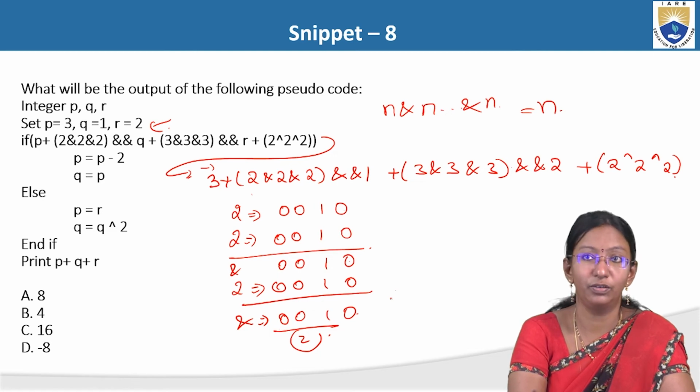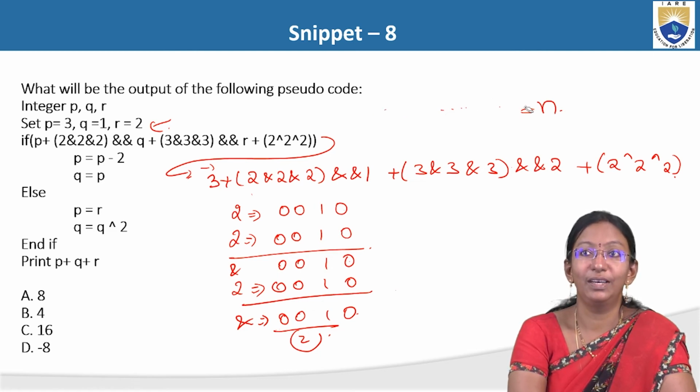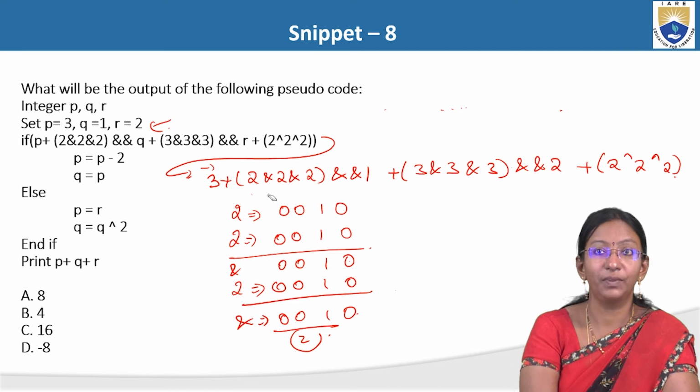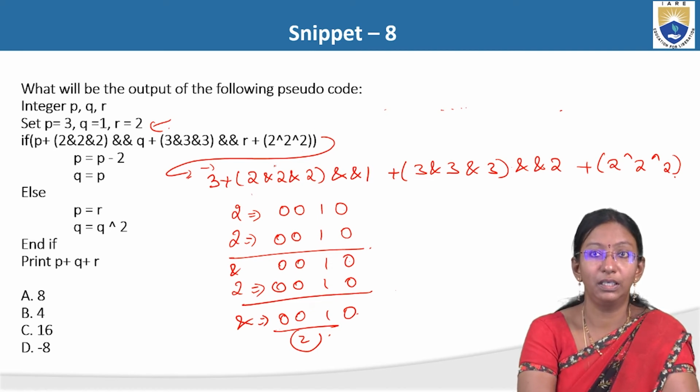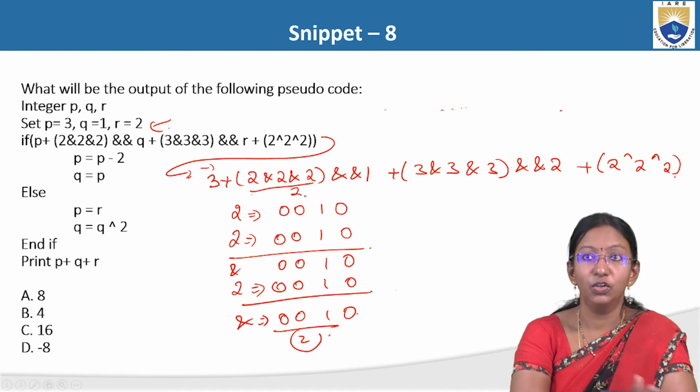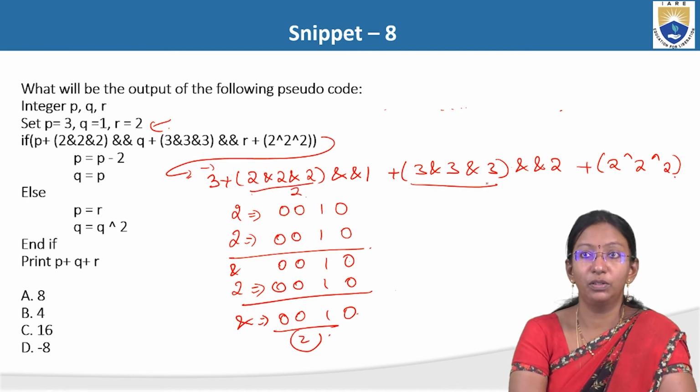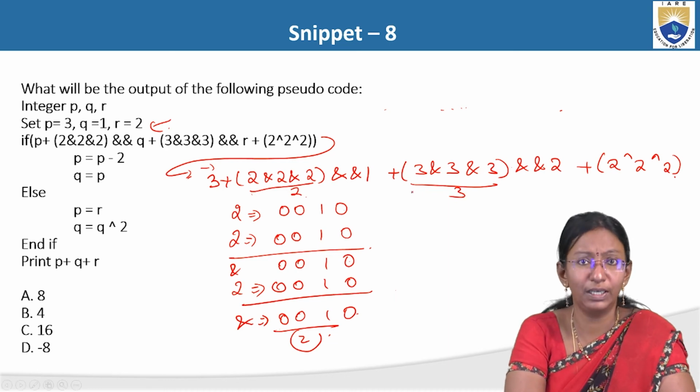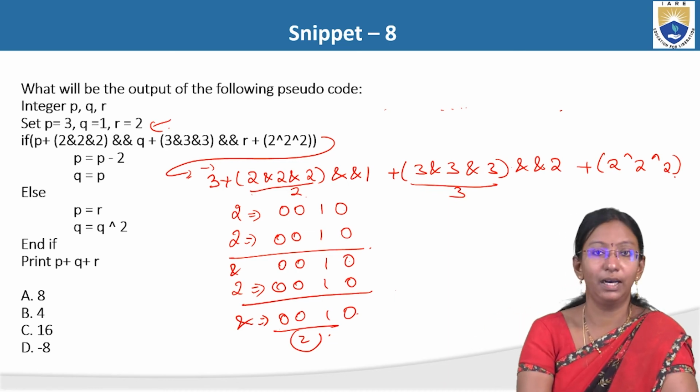There is no change in it. With that funda, I can say that the result of this operation is 2. The same funda goes with the 3. It is 3. No need to calculate. If you want to do it manually, guys, most welcome.